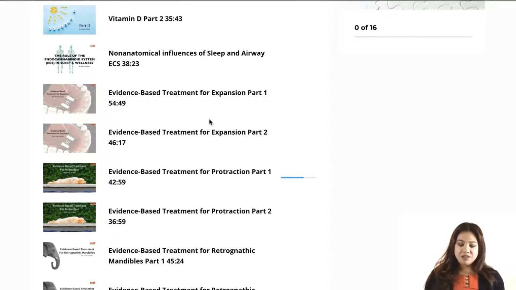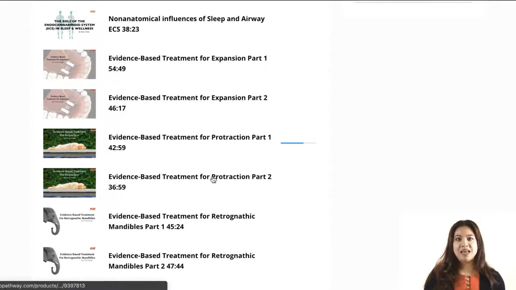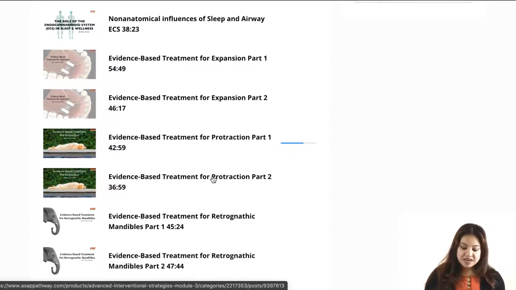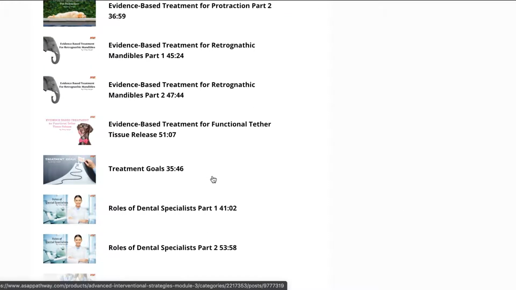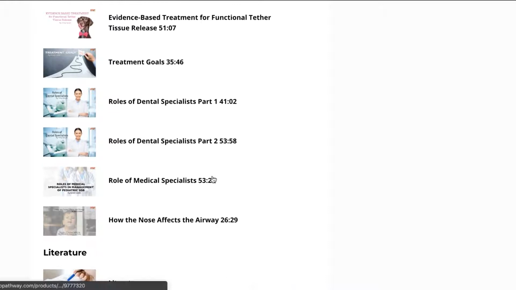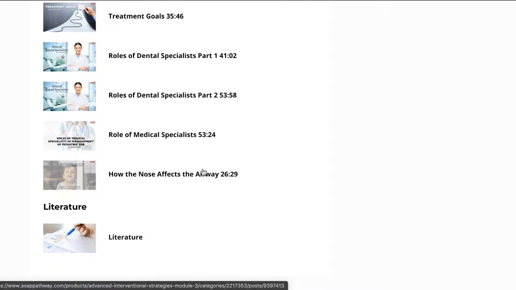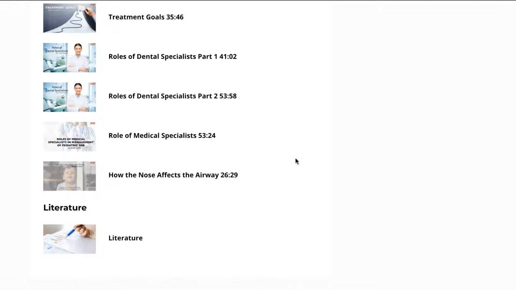What is the available literature, and how do we understand what's happening during expansion and protraction? How do we treat retrognathic mandibles and functional tethered oral tissues? We'll go over treatment goals, the roles of the medical and dental specialists, and how the nose affects the airway.